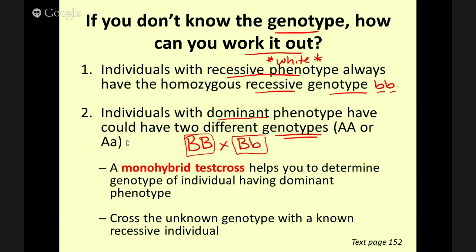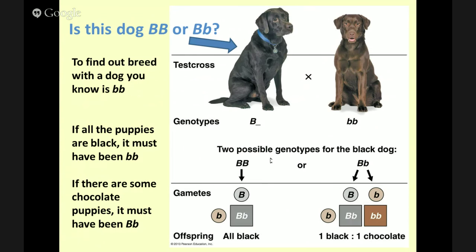So this is where the monohybrid test cross comes in. You're crossing the unknown genotype, the black rabbit that could be big B, big B or big B, little b, with your white rabbit. You know the genotype of your white rabbit, it's got to be little b, little b, right? So here, let's go back to our Labradors. Remember, black is the dominant fur color of the Labrador, but this guy could be big B, big B or big B, little b, okay?